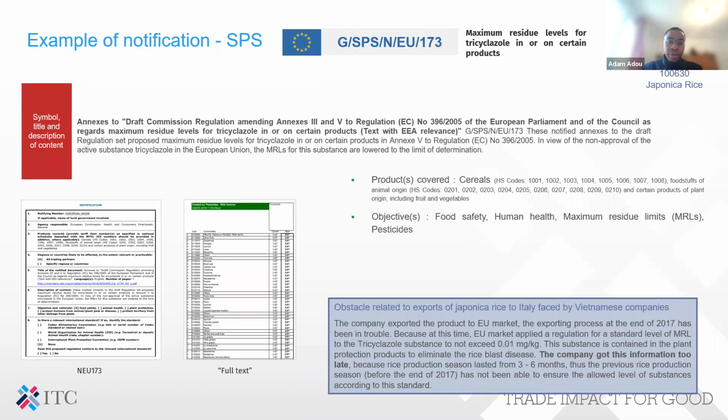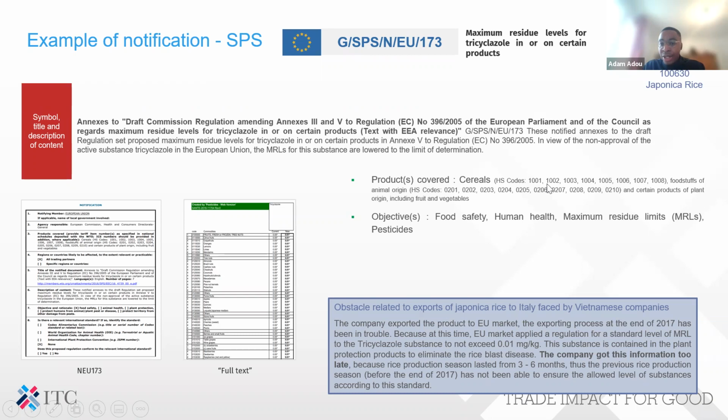Here is an example. If you remember, this was the object of one of the testimonies regarding Japonica rice exported by Vietnam to the EU. And this is an example of a new regulation that popped up from the EU regarding Japonica rice. So you receive such a notification when you go to ePing, explaining the objective, the raison d'être of the notification, and the product covered by this new regulation.